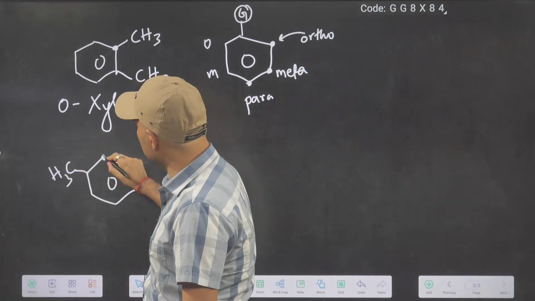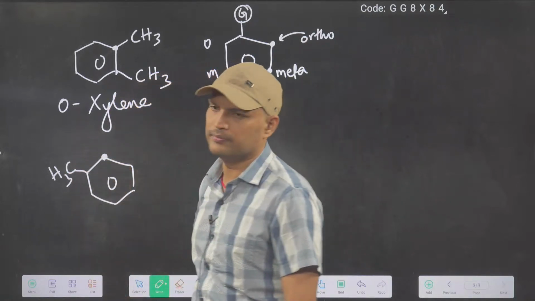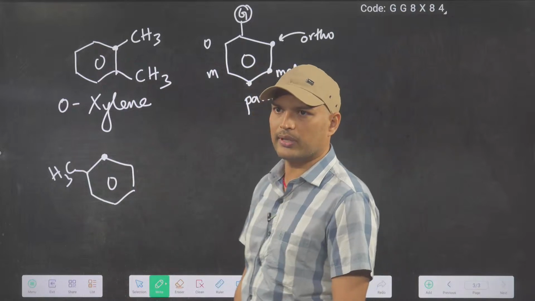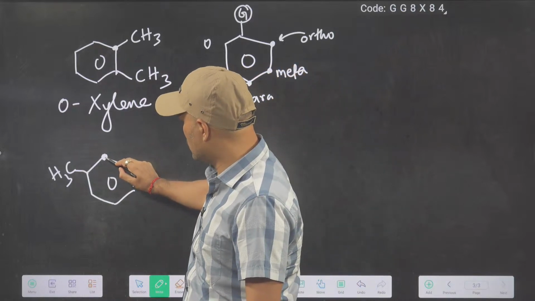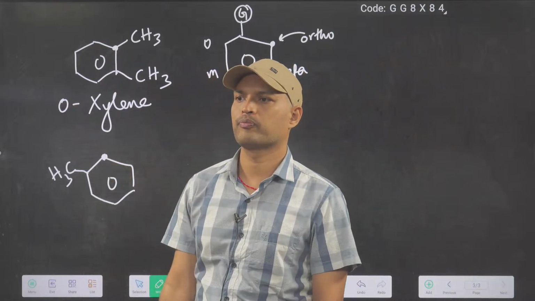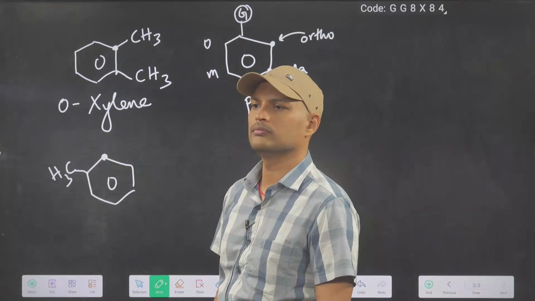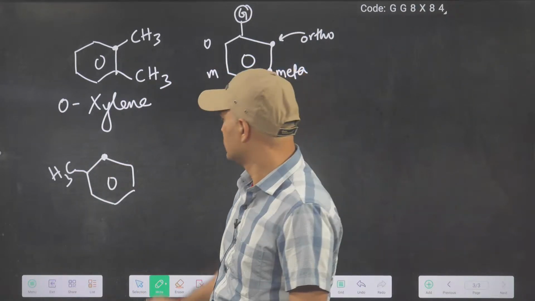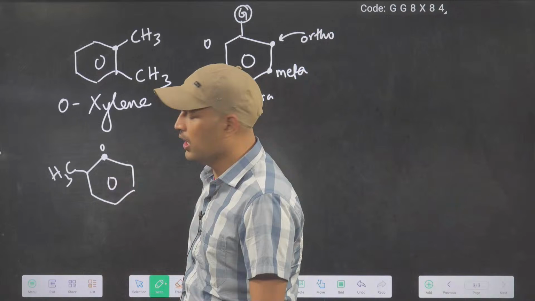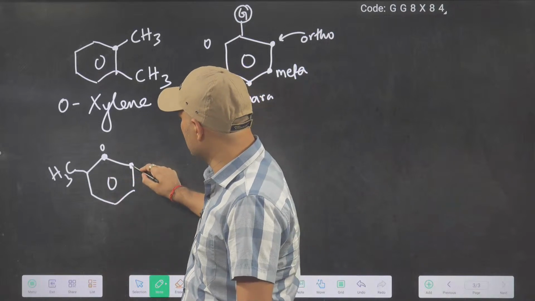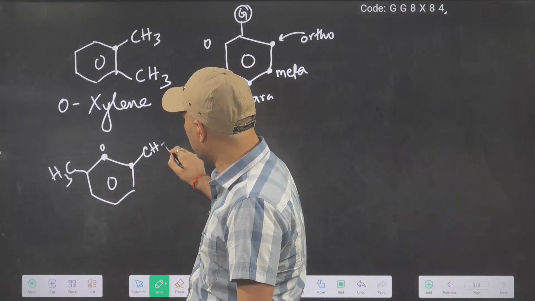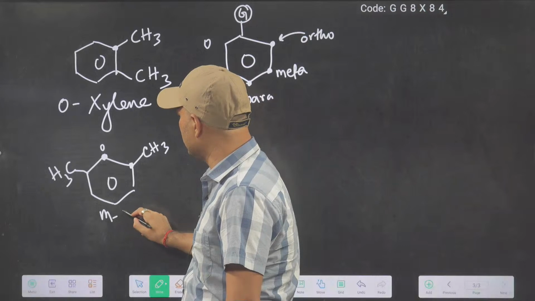Then beside this methyl group, this position is what? Everyone try to tell. What is this position with respect to this? This position you will say ortho. Beside this position you will say meta. Now this is metaxylene.